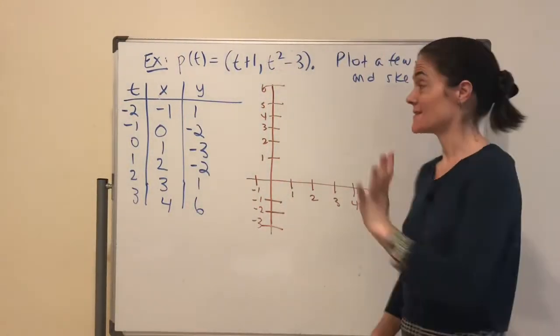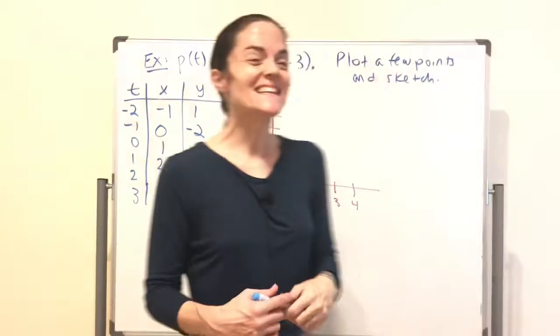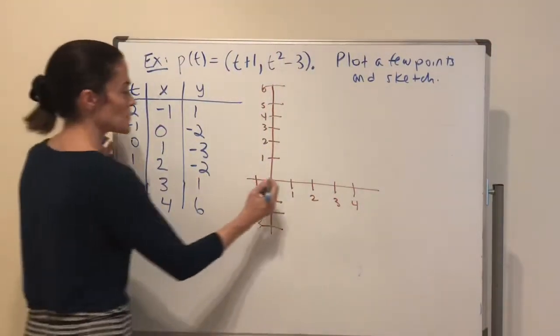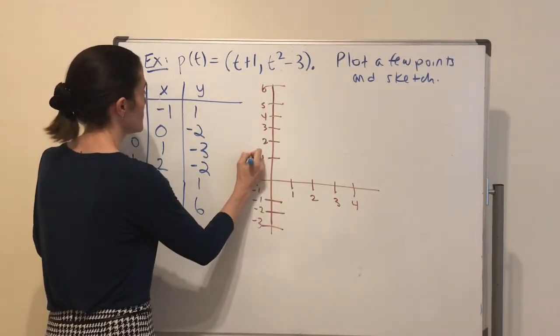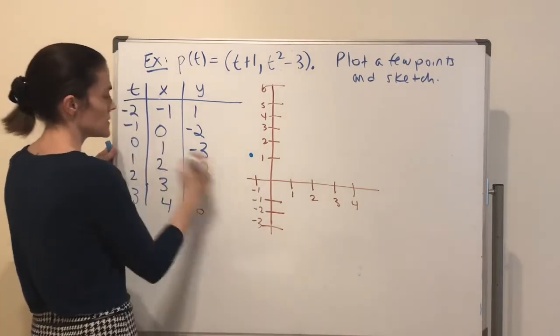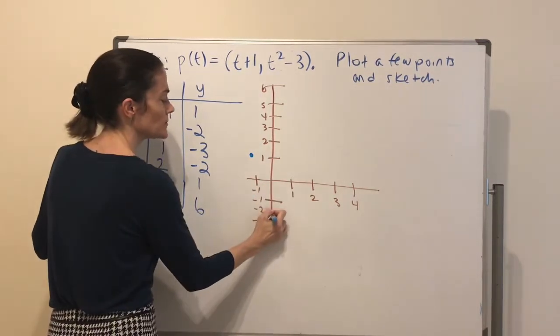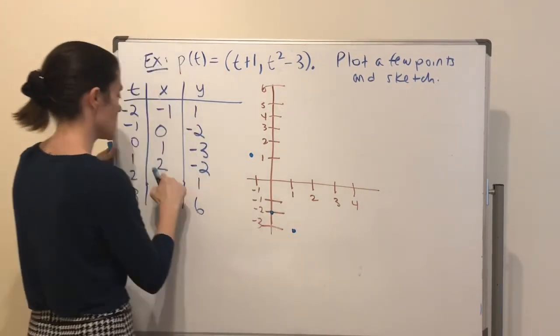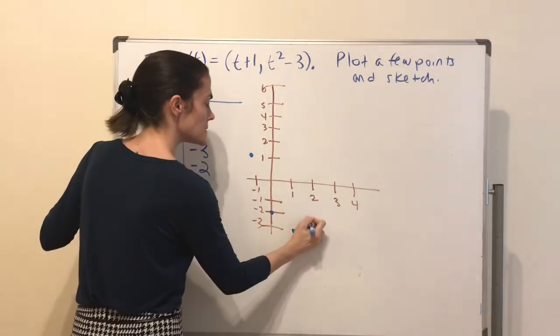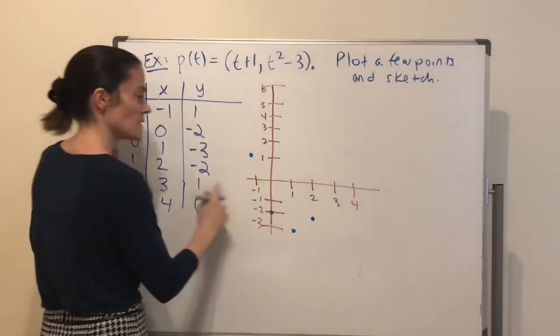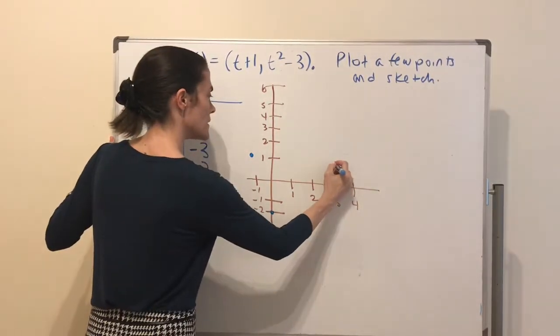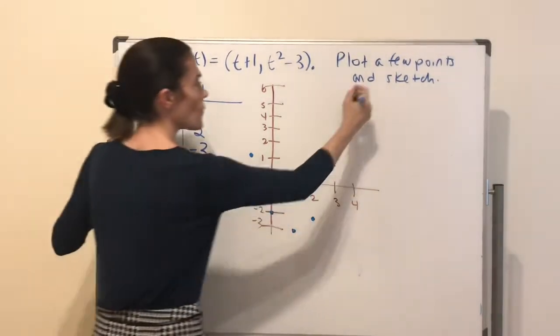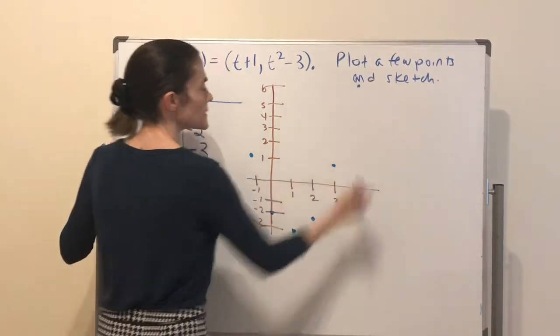Let's sketch these points, okay? So we see minus 1, 1, and then 0, minus 2, 1, minus 3, 2, minus 2, 3, 1, and then 4, 6.